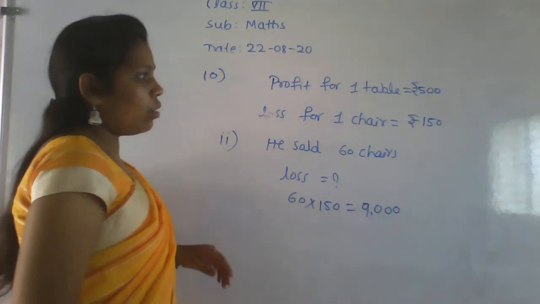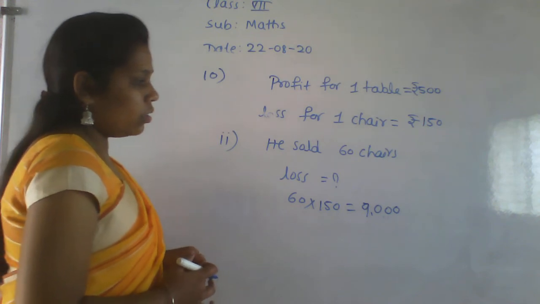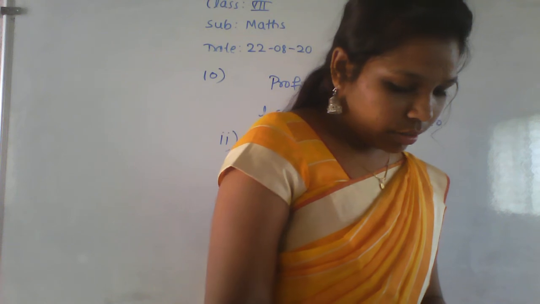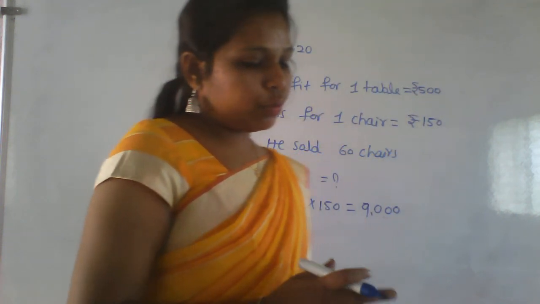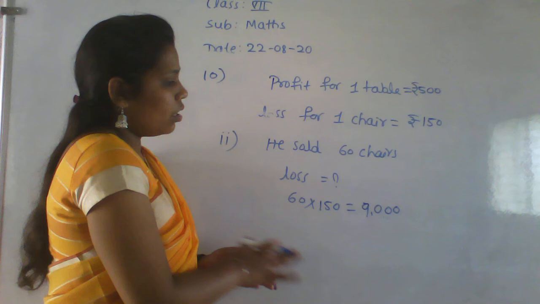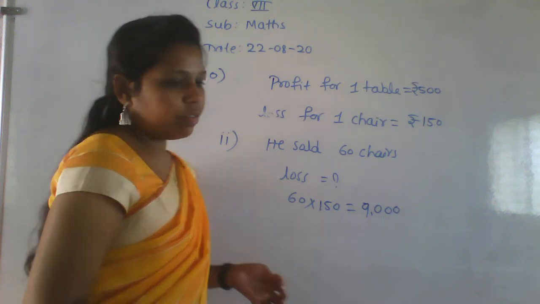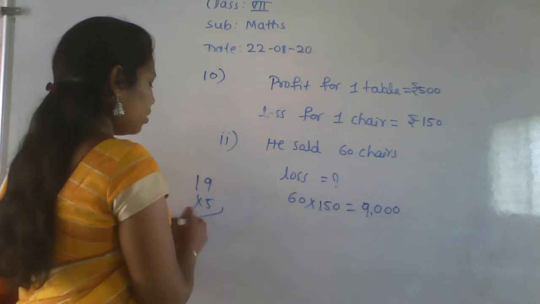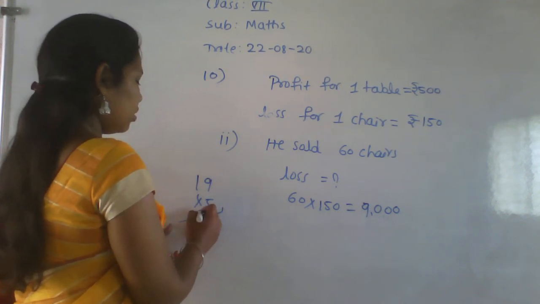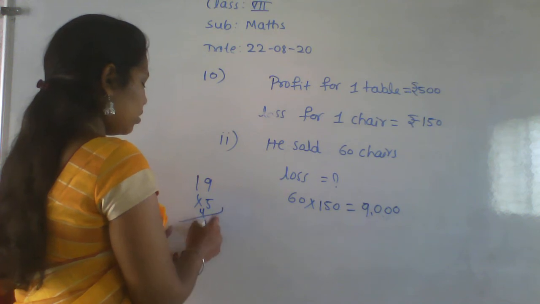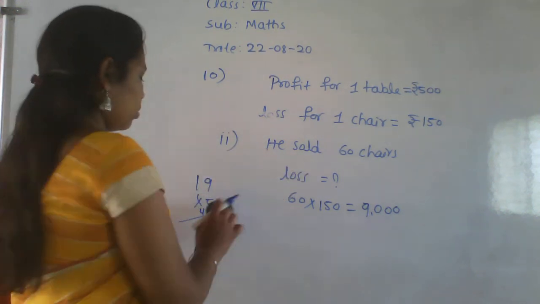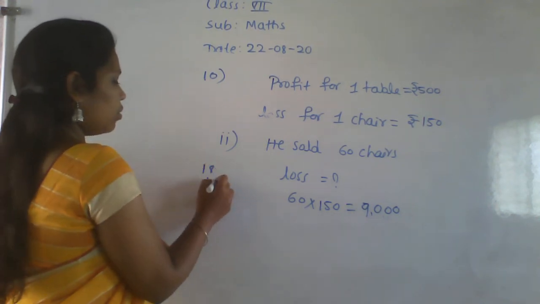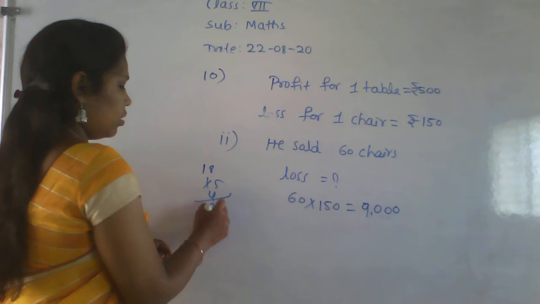This much loss is already there, and how many tables he has to sell now? Before that, 18 into 5.